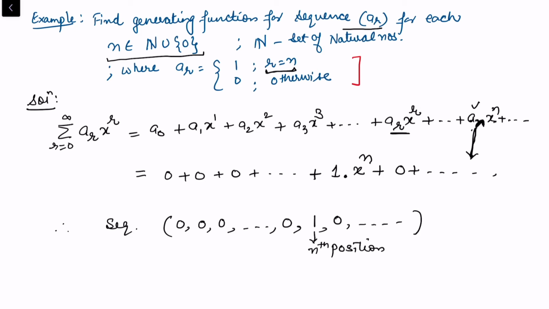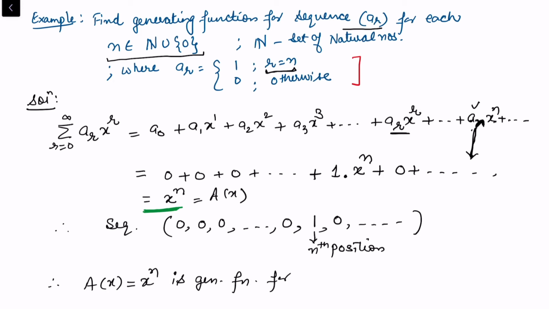For this case the generating function is simply x to the power n, because the power series leaves only x to the power n. So if this is the function A of x, then A(x) is equal to x to the power n. This is the generating function for this sequence, and that's the answer.